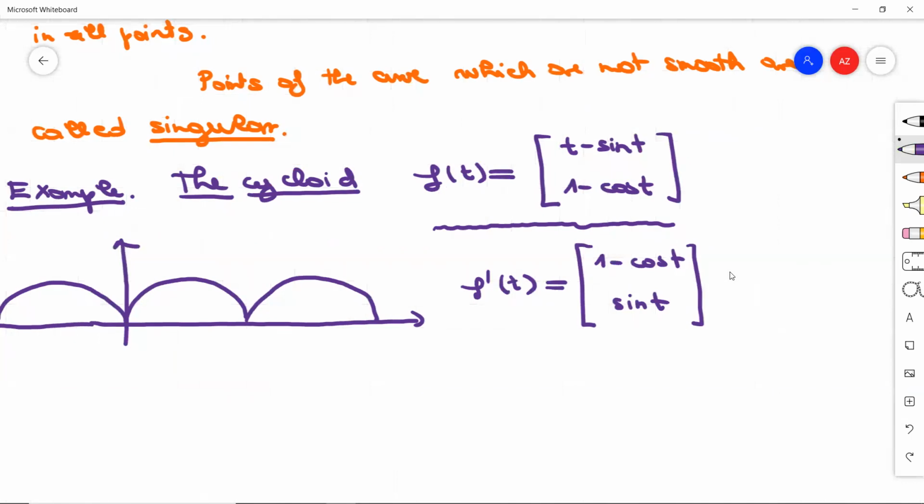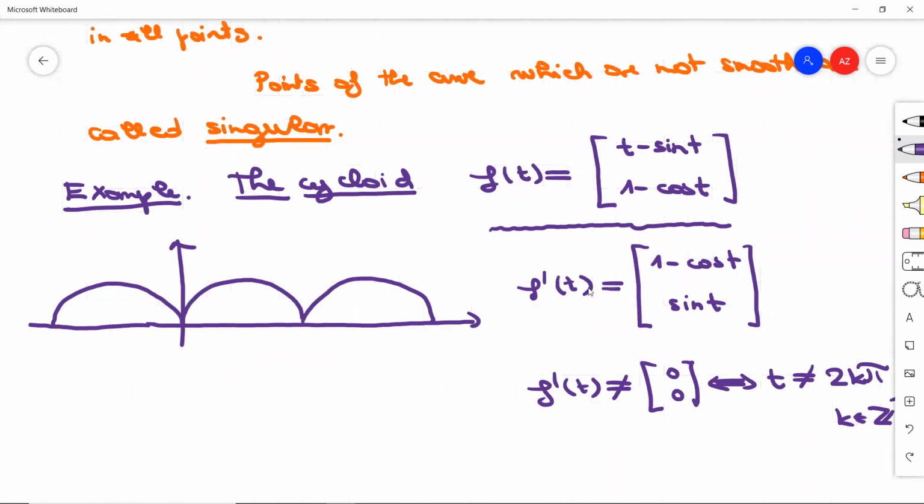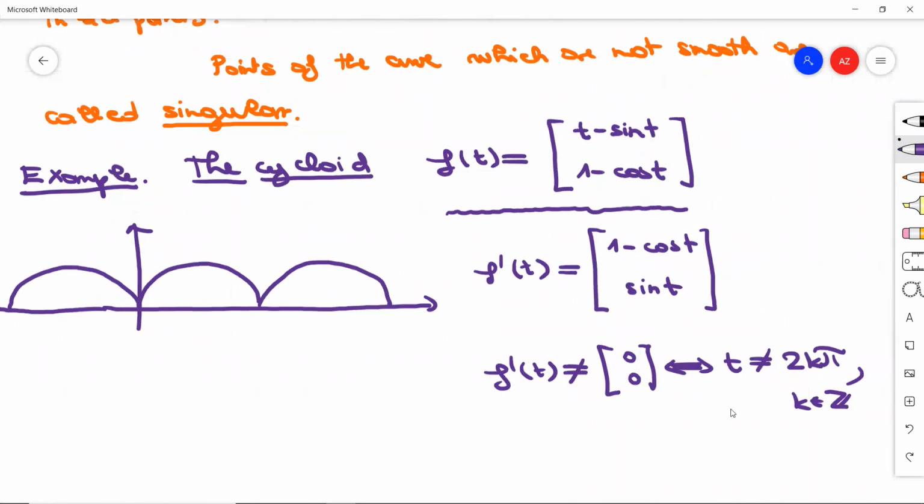And when can this be 0? So f'(t) is non-zero if and only if t is not equal to 2k pi, where k is a whole number. So this parameterization tells us that all points except the points of the form 2k pi are smooth points of this curve. So the problematic points are only those points.